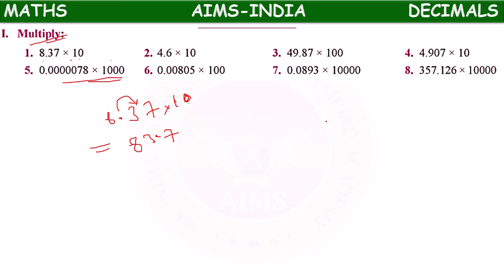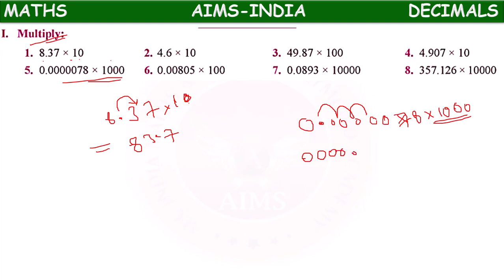Next, see this one. What is the question here? 0 point, how many zeros? 1, 2, 3, 4, 5. 0.00000 578 into how much? Into 1000. In 1000, we have 3 zeros. So the point will move 1, 2, 3 places.